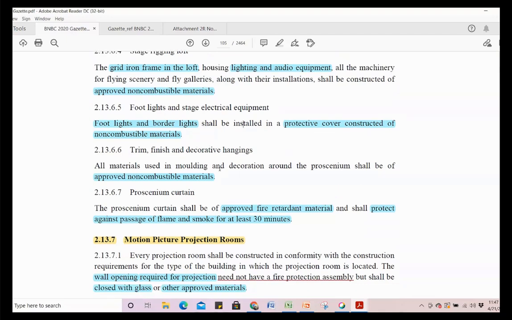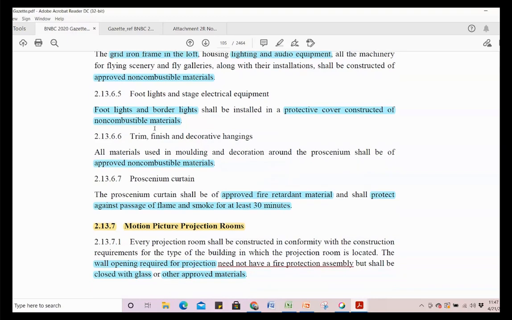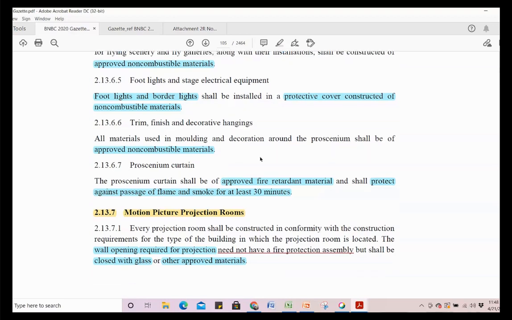All materials used in molding and decoration around the proscenium shall be approved non-combustible material. So this is very important that the material surrounding the stages must be non-combustible, except the wooden floor, but it has a particular specific criteria.